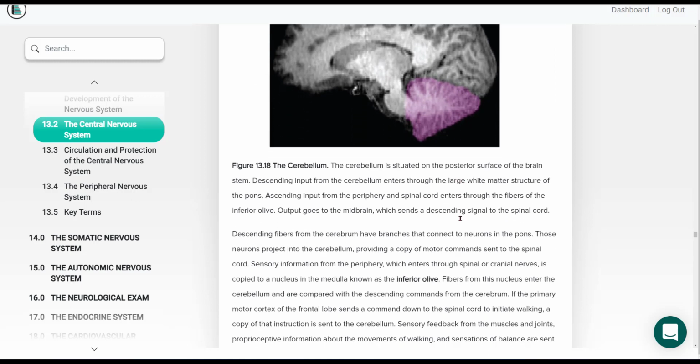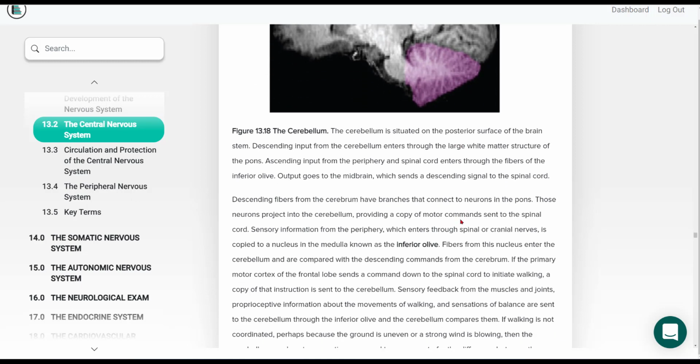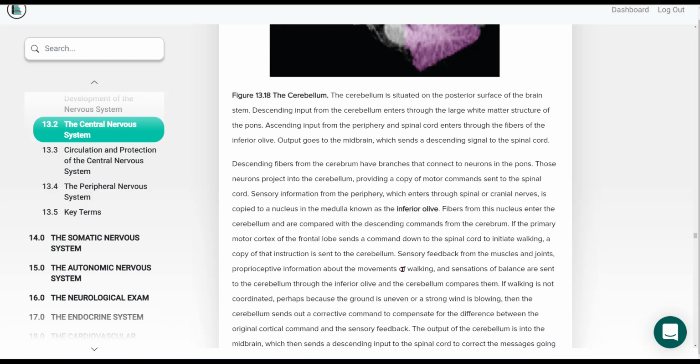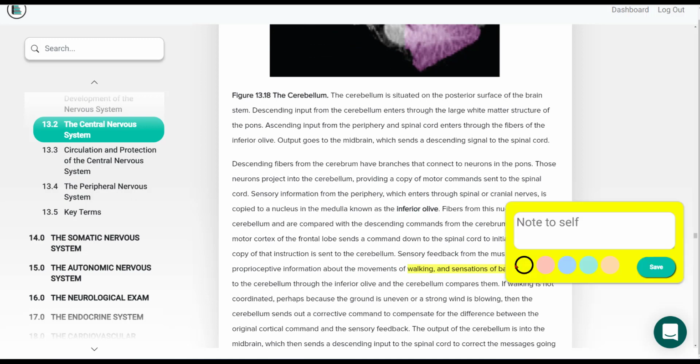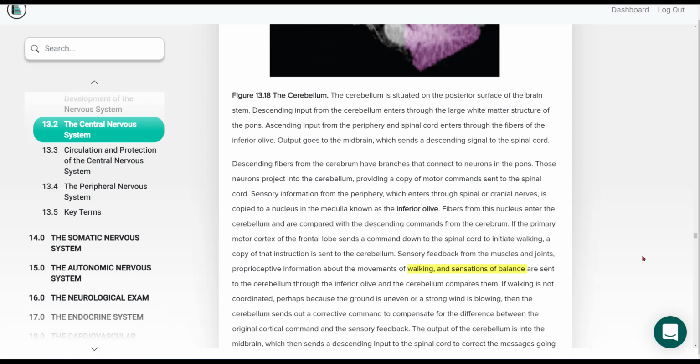But the cerebellum has a lot to do with movement as well. So walking, I'm just going to highlight walking and balance as two key words for you to remember. Again, the movement of walking is initiated by your frontal lobe, but the cerebellum helps to coordinate all of that.